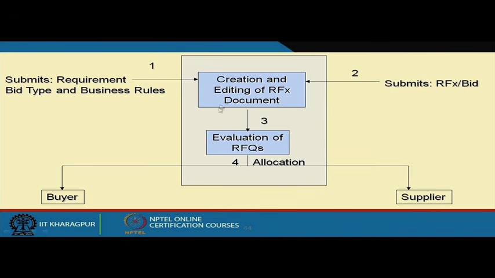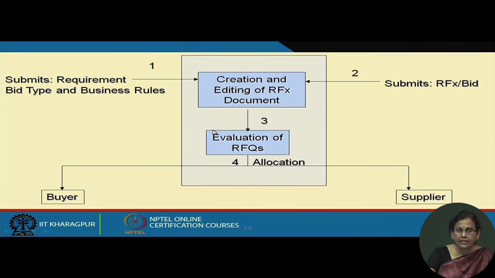Though this particular process appears to be very simplistic, it is not so, because here we actually carry out certain structured decision making activities of comparing the bids of the various vendors, and this bid can be both a technical bid as well as a price bid.